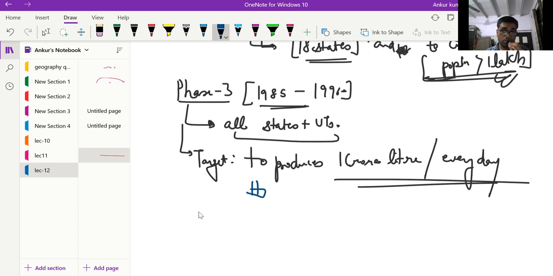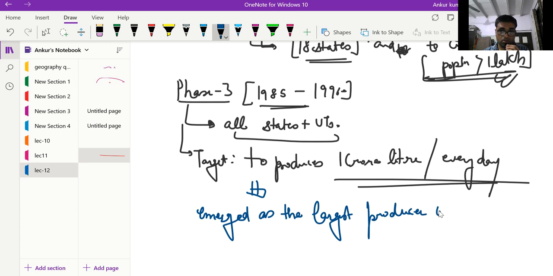In this phase India emerged as the largest producer of milk.